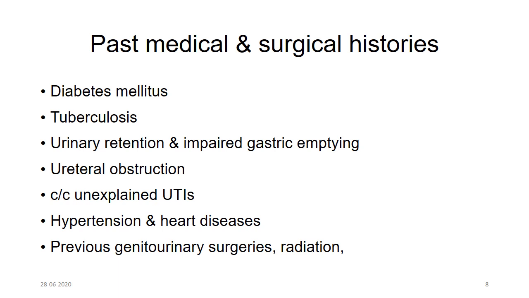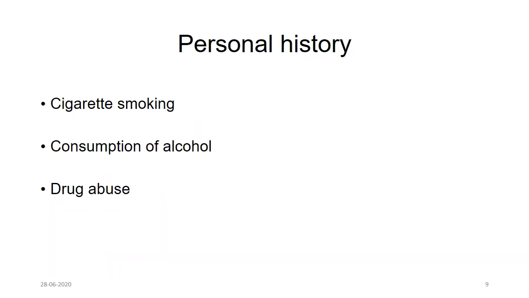Urethral obstruction, recurrent urinary tract infections, previous history of urinary retention, impaired gastric emptying. Mainly, we have to take special care while prescribing antimuscarinic drugs, which produce constipation. Then hypertension, heart disease, previous genitourinary surgeries, radiation to pelvis, etc.